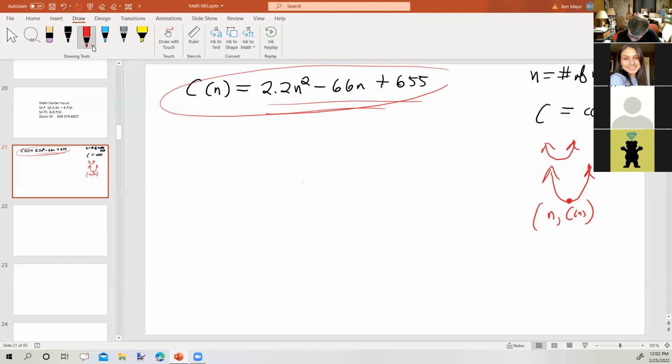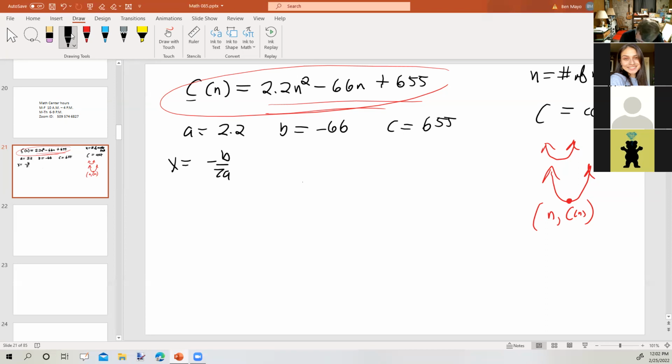Okay, so let's find the vertex of this parabola. a is 2.2, b is -66, and c is 655. Now this c is not the same as that C, right? So don't get those confused. So x equals -b over 2a. Technically, it's n equals -b over 2a, right?